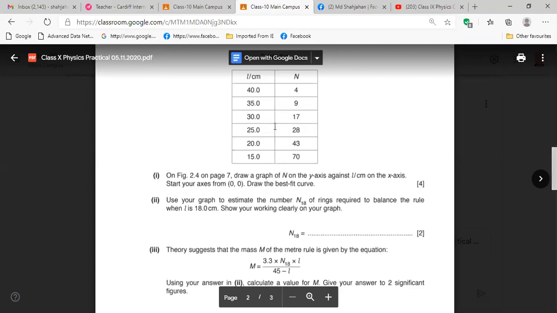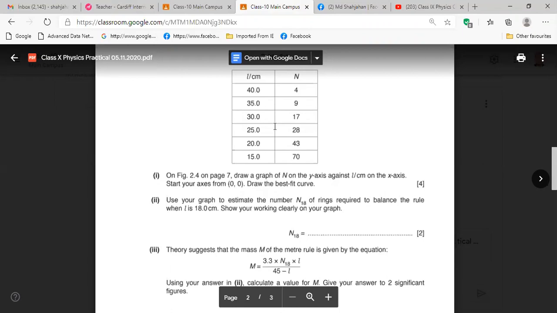Okay, Ziba. Yes, sir. Are you doing the rest part? Yes, sir. Do them also because you have the printed copies, so you can do the rest part also.